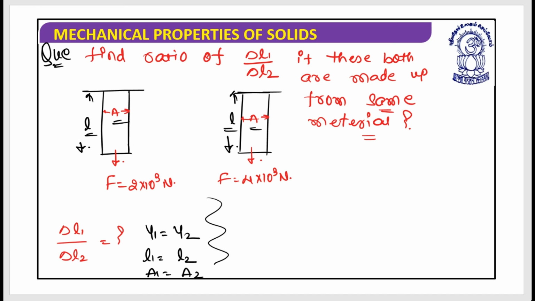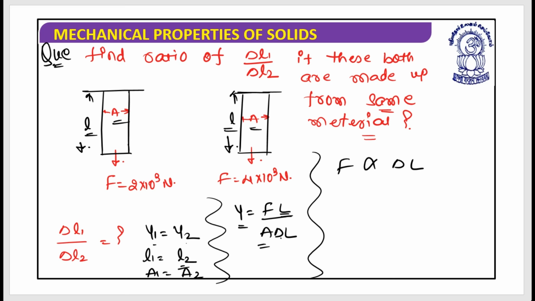So when this kind of question arises, always start with the formula Y equals F L divided by A delta L. Here Y is the same, length is the same, cross sectional area is the same; only F and delta L have changed. So do not write everything on the board; always write F is directly proportional to delta L. Thinking like this helps us get it done very easily, because here I have not mentioned the length or the cross sectional area with values, I have just shown them in a diagram.